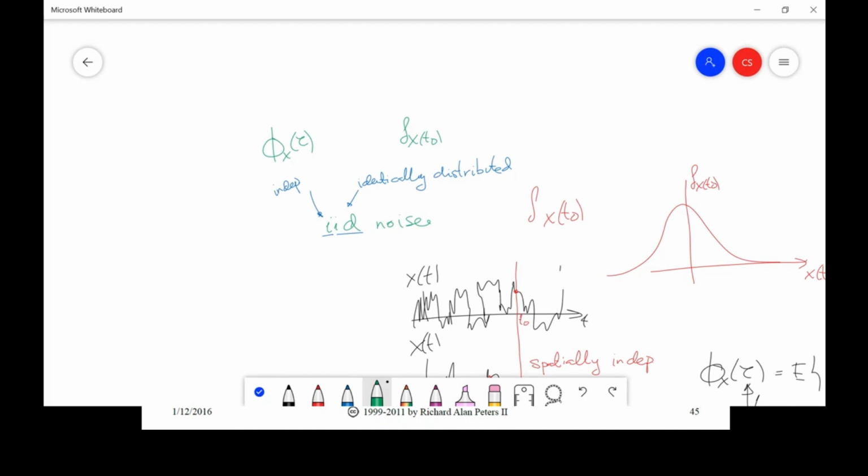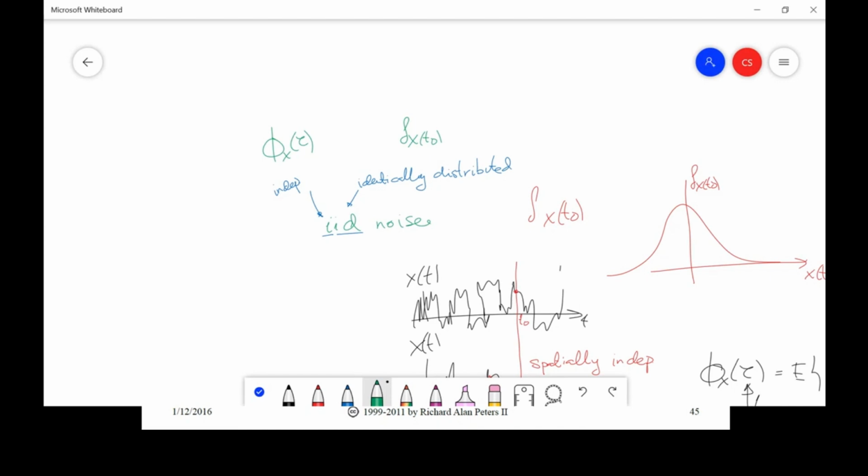So you can have independent noise that is Gaussian, independent noise that is Poisson, independent noise that is salt and pepper. And you can have Gaussian noise that is dependent or salt and pepper noise that is dependent. So those are two different properties.